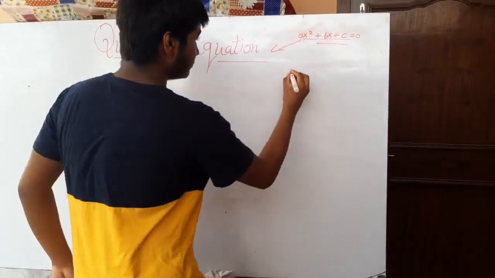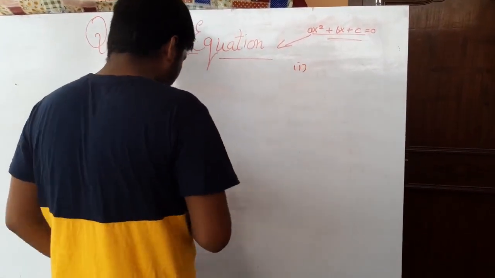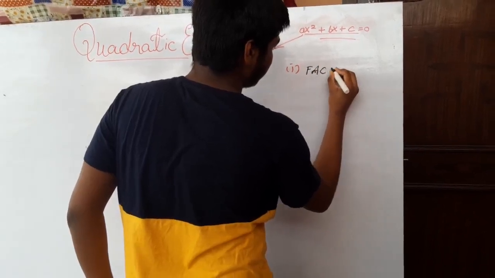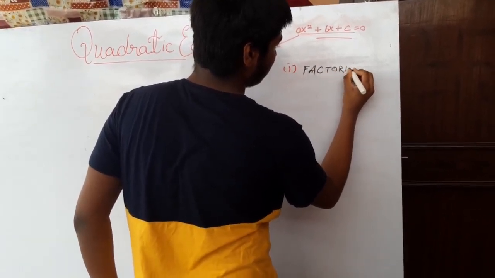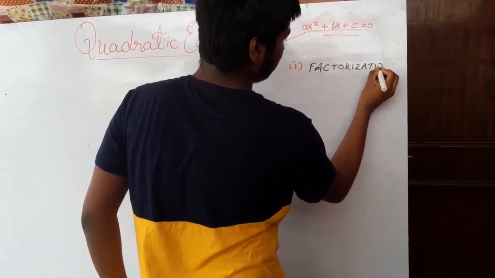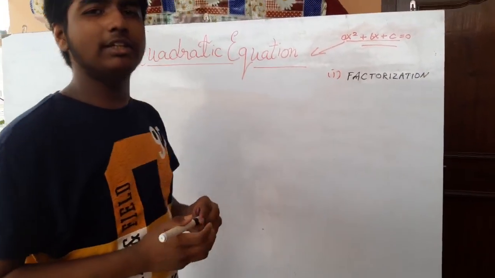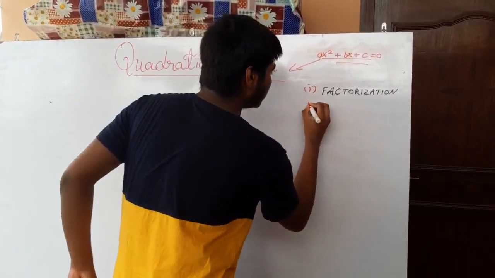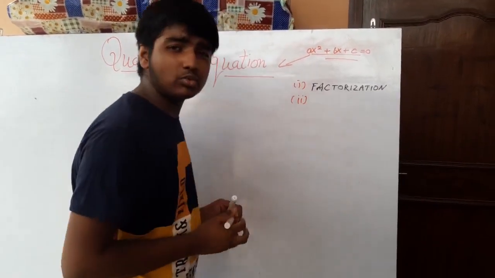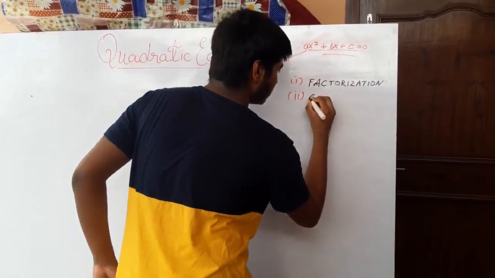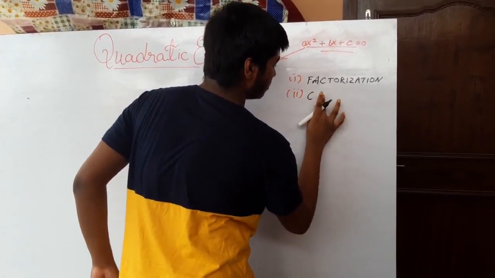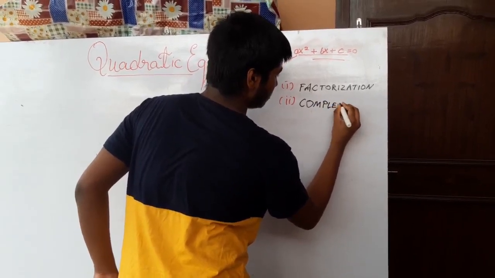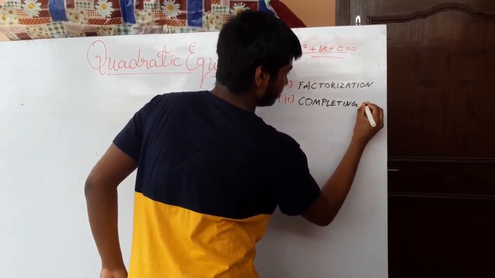The first method is by factorization. You have already studied about it in class 8th as well as class 9th. Now the second one is the completing the square method.